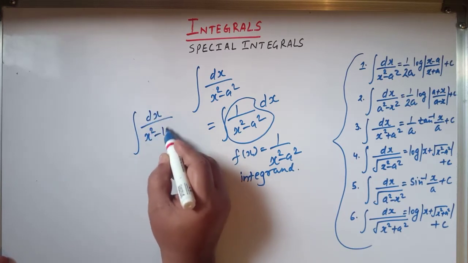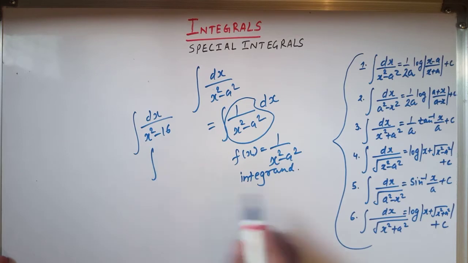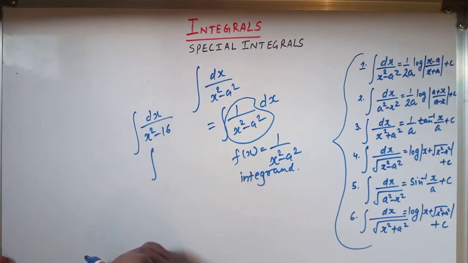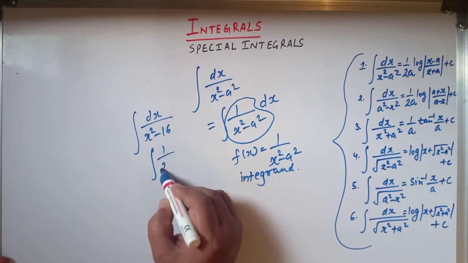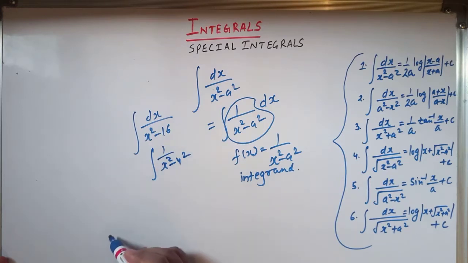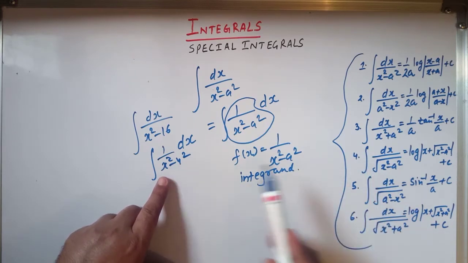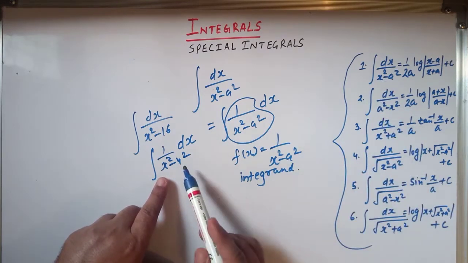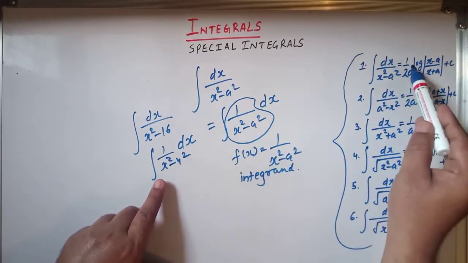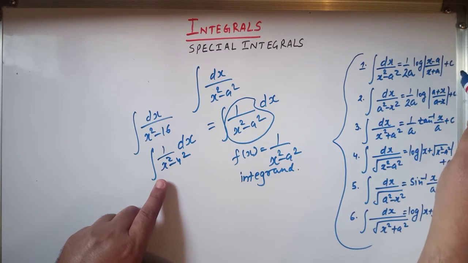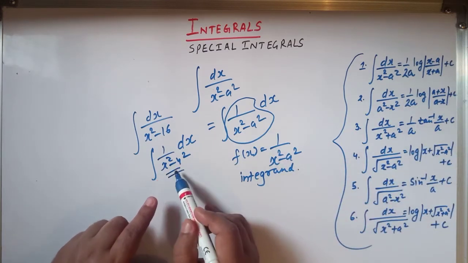Now the second thing I want to mention here: suppose we have an integral, say, of 1 over x square minus 16. The importance of these integrals is, suppose we have to integrate this function, we can write it as x square minus 4 square, dx. Now see, this integral is of this form, so we can directly apply the formula 1 over 2a log of (x minus a) over (x plus a) plus c to this function.